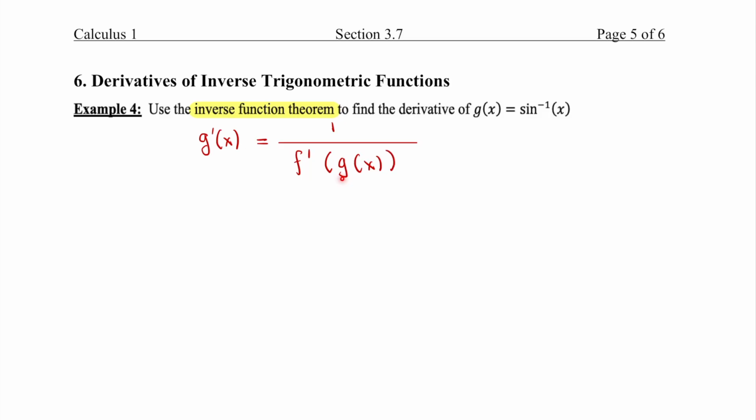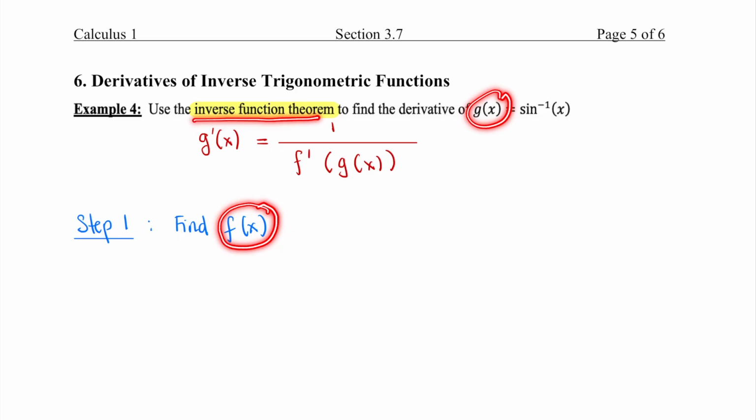We have g of x equals sine inverse of x. We need to find f prime, and in order to find f prime, we need to have f of x. The relationship between f and g in the inverse function theorem is that they are inverses of each other. So we let f of x be the inverse of g of x.